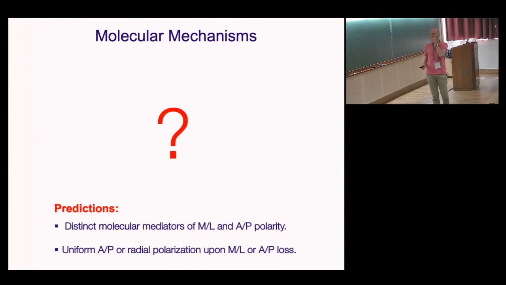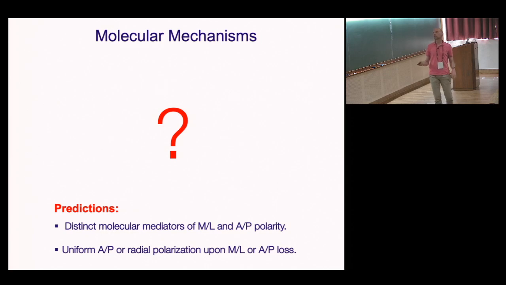And specifically, the way we model polarity would make two specific predictions. The first one is that we should have distinct molecular mediators of this ML and AP polarity field, right? Because it is the superposition between the two fields in our model that generates the final cilia alignment.